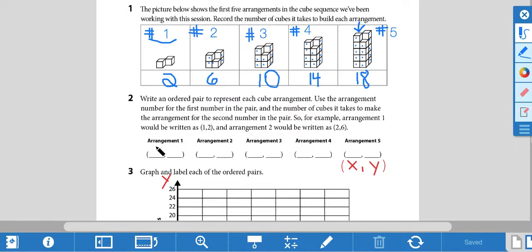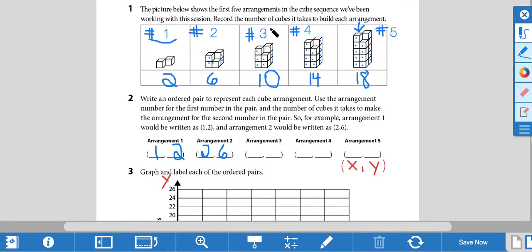So for example, arrangement 1 would be written as 1, 2, because it's arrangement 1 and there are 2 cubes. And then arrangement 2 would be written as 2, 6, for the arrangement number and then the number of cubes.